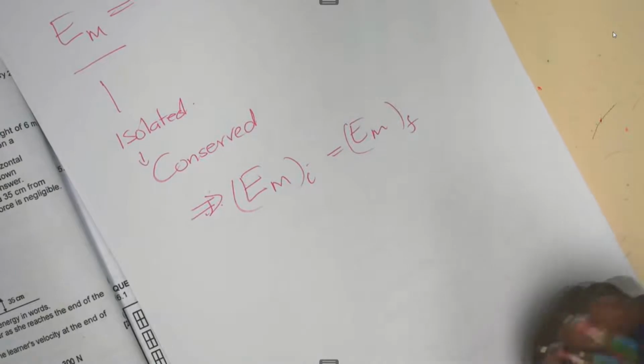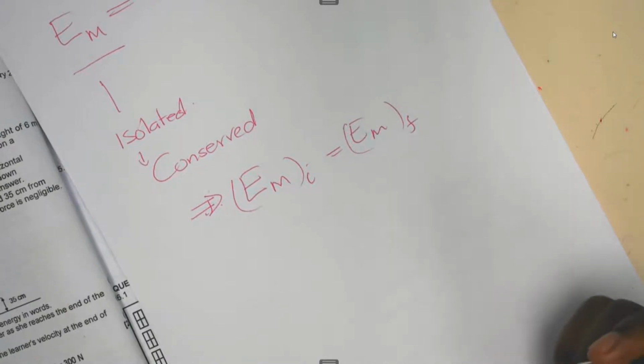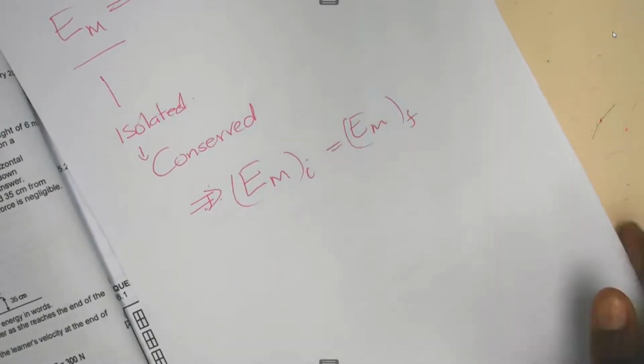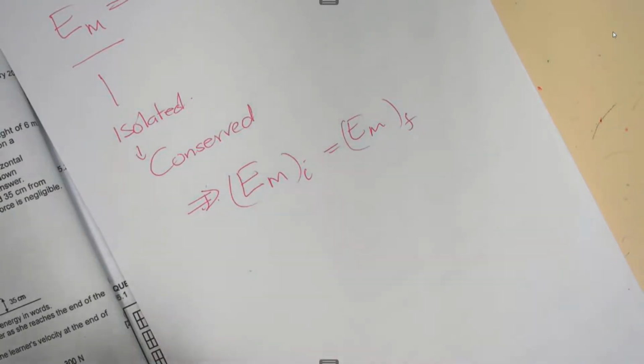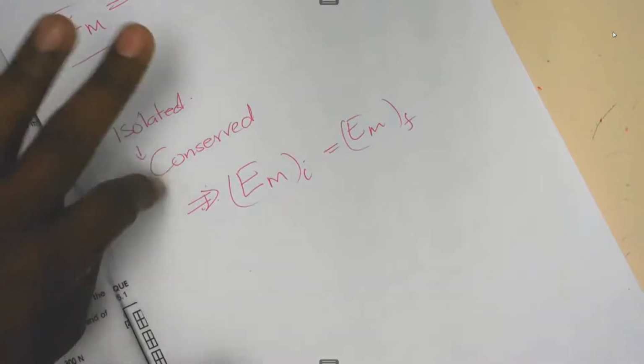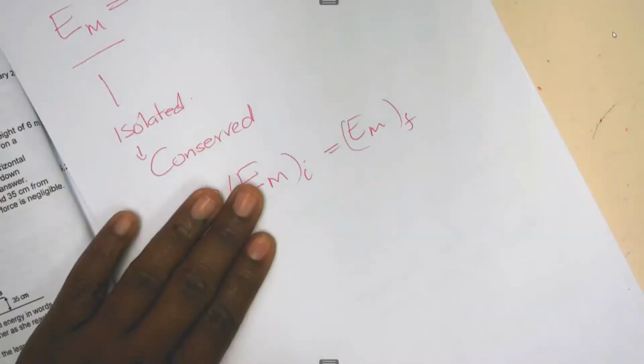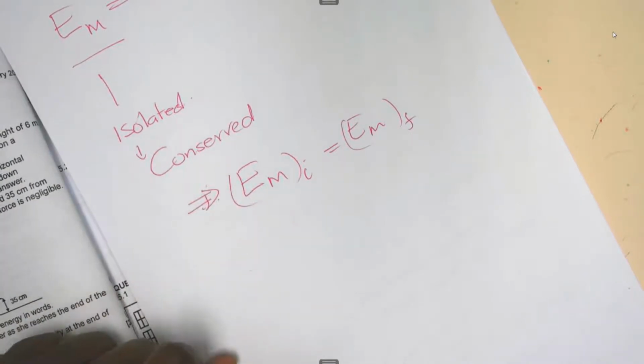And then you can break down this formula. So if the system is not isolated, that means if there are external forces, then you cannot use the principle of conservation of mechanical energy.